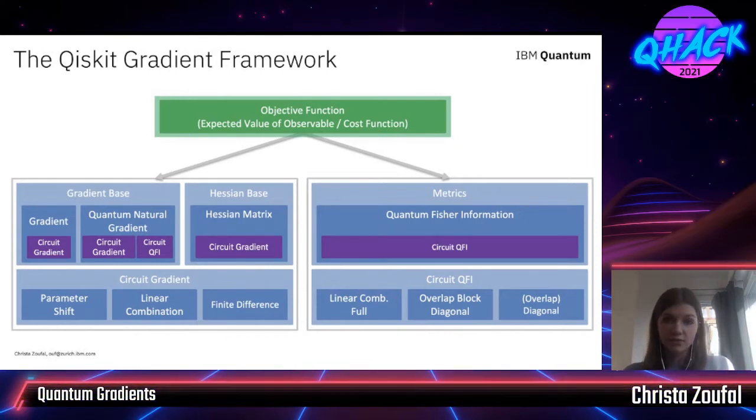For the quantum Fisher information, we may also compute this on a circuit level by making use of different approaches. The current implementations support also a linear combination approach, which uses an additional working qubit and computes the full QFI. Then there are also two approximate methods in there, namely one that computes a block diagonal approximation, just making use of some commutation relations, and the same approach just for getting a diagonal approximation for the QFI.